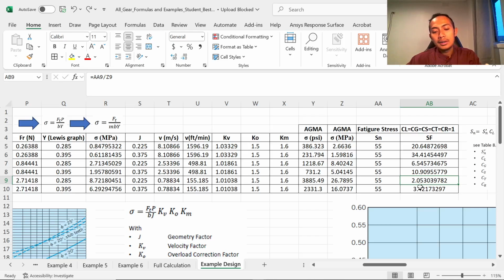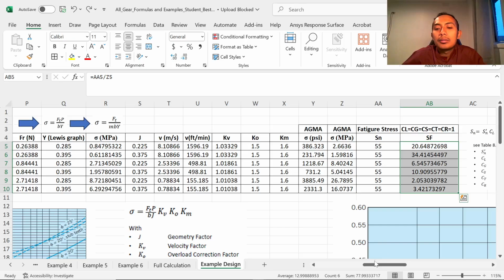A value of one actually means the applied stress equals the bending stress limit. So it's not really good, because if you have an overload beyond the limit, your gearbox system will fail abruptly. That is not good.